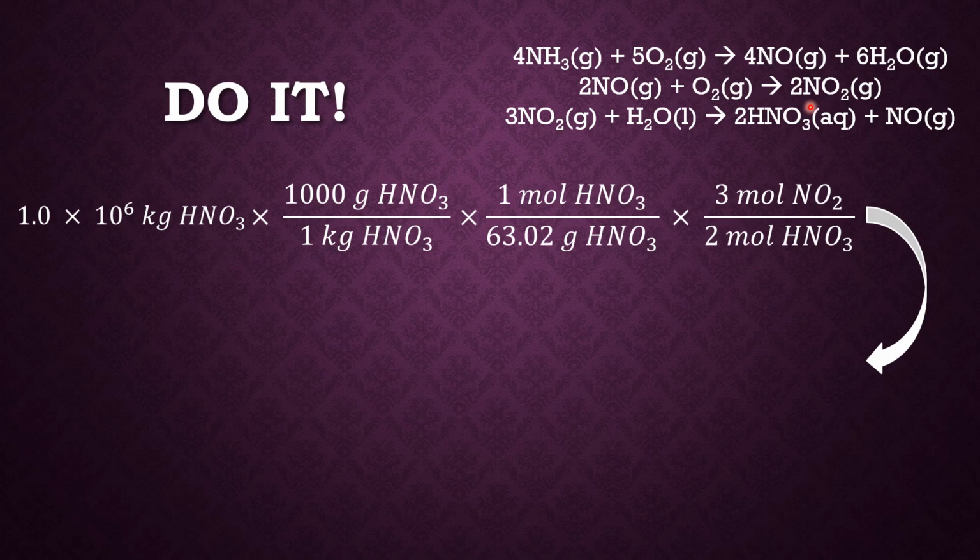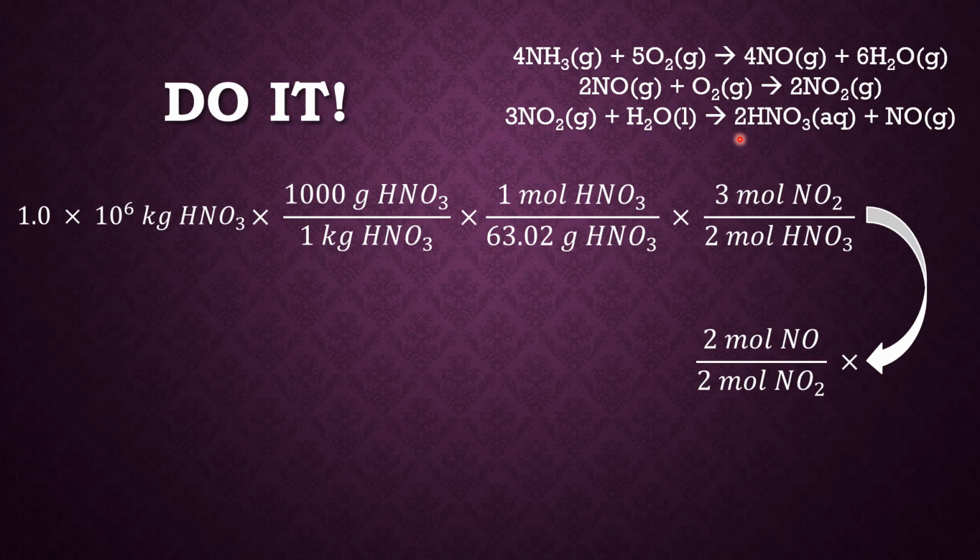So using this second reaction, we get our next molar ratio, which is a 2 to 2 molar ratio. For every 2 moles of nitrogen dioxide that we make in that second reaction, we started out with 2 moles of nitrogen monoxide. So this is the amount of nitrogen monoxide it takes to make 1.0 times 10 to the 6 kilograms of hydrogen nitrate.